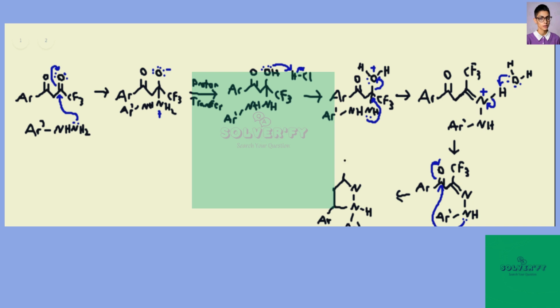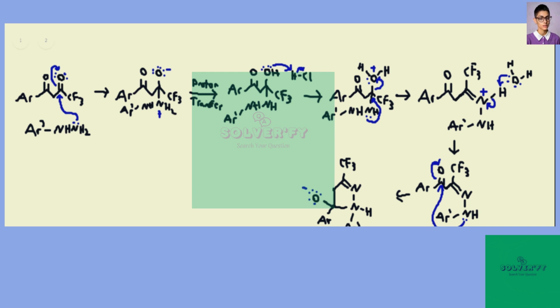So our CF3 is here. This nitrogen has a double bond. And then the alkoxide, the remainder of that ketone, is right here. So 3 lone pairs and a negative charge.